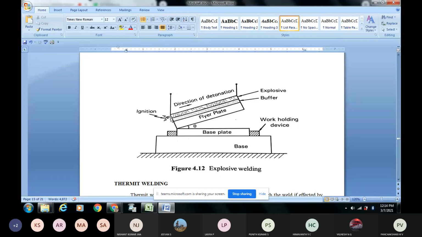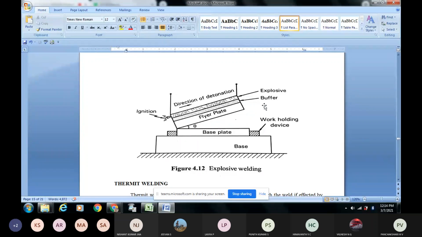Next, above this flyer plate, there is a line of explosive, you can see. So there is a buffer plate. Buffer plate means the explosive should not cause any damage to the flyer plate, the plate to be welded.